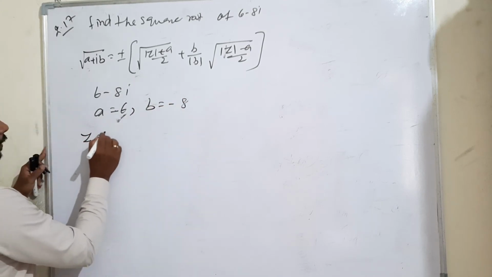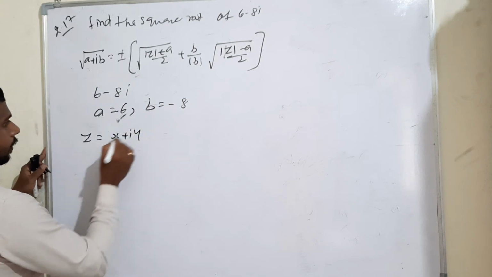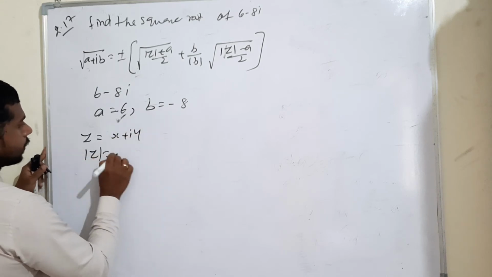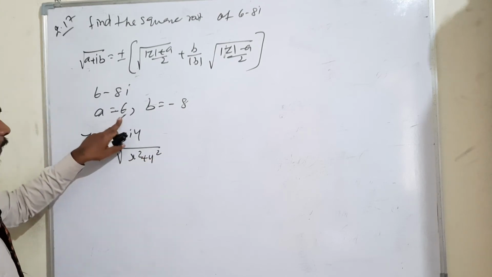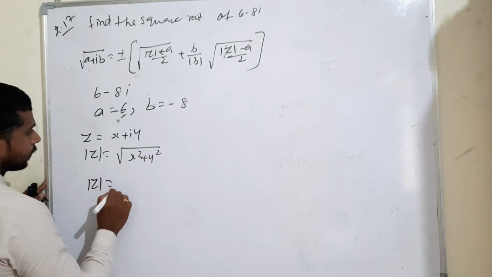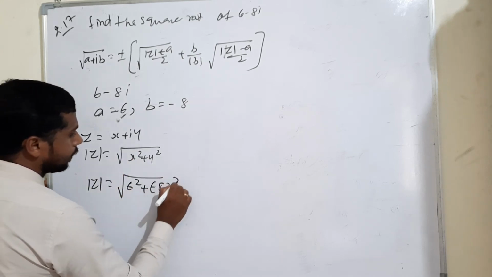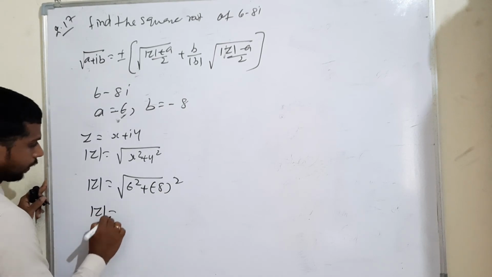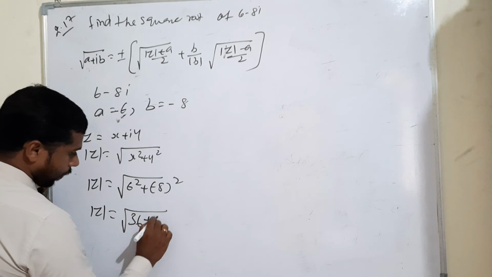What is the formula? z is equal to x plus iy, so modulus of z means square root of x square plus y square. Here consider x is equal to 6 and y is equal to minus 8. So modulus of z is equal to square root of 6 square plus minus 8 the whole square. Therefore, 6 square is 36, 8 square is 64.